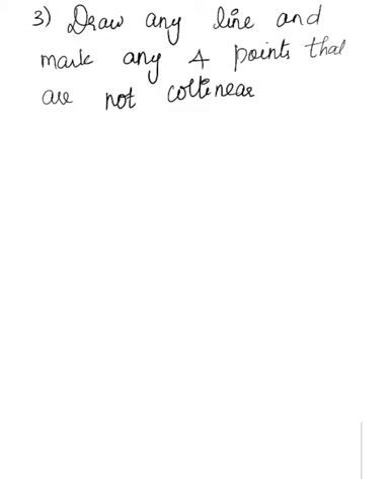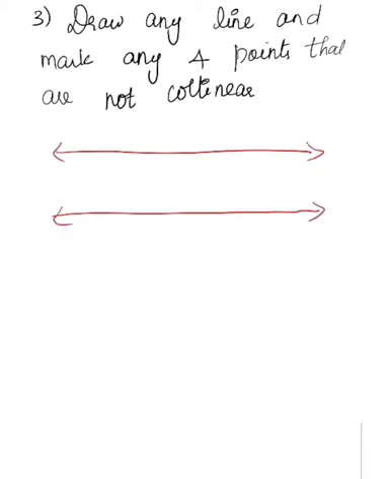Suppose I draw a line, and also I draw a line like this. So this is your X, whatever you want. This is Y, and this is A and this is B.